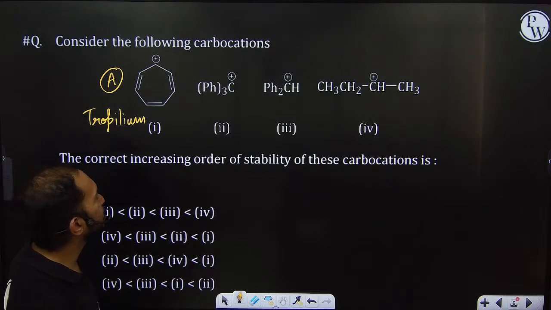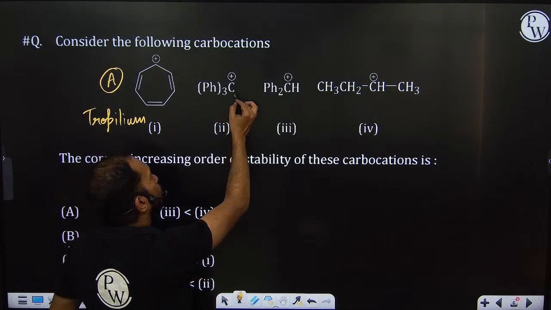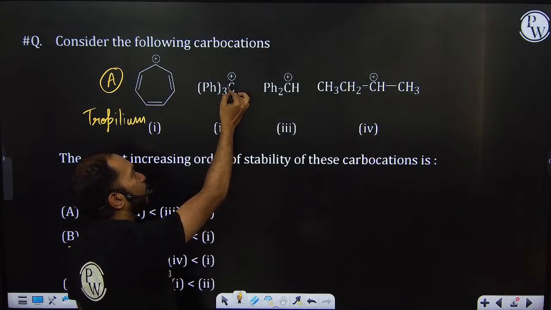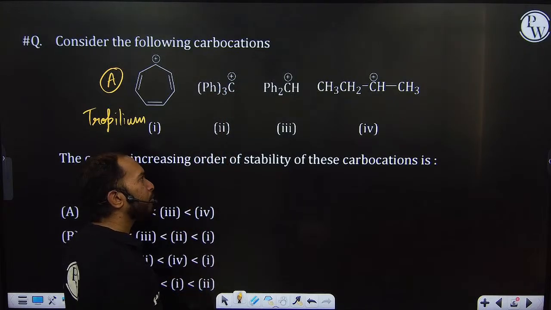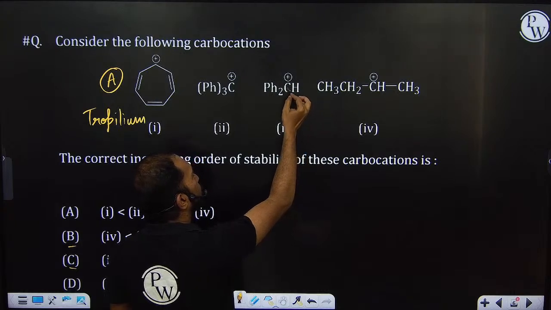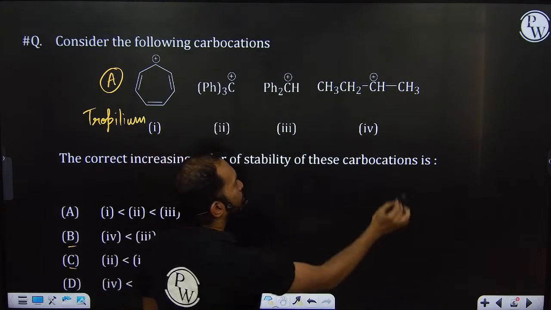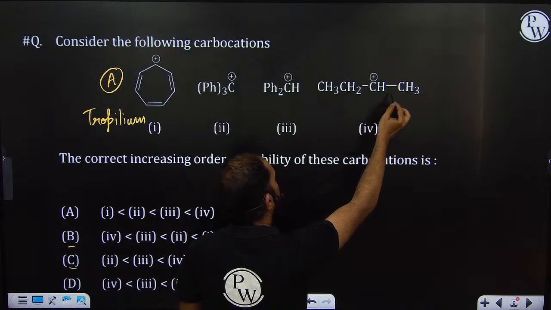Let's look at this over here. You can see a positive charge on 3 benzene rings. This compound with the positive charge is doing the resonance.